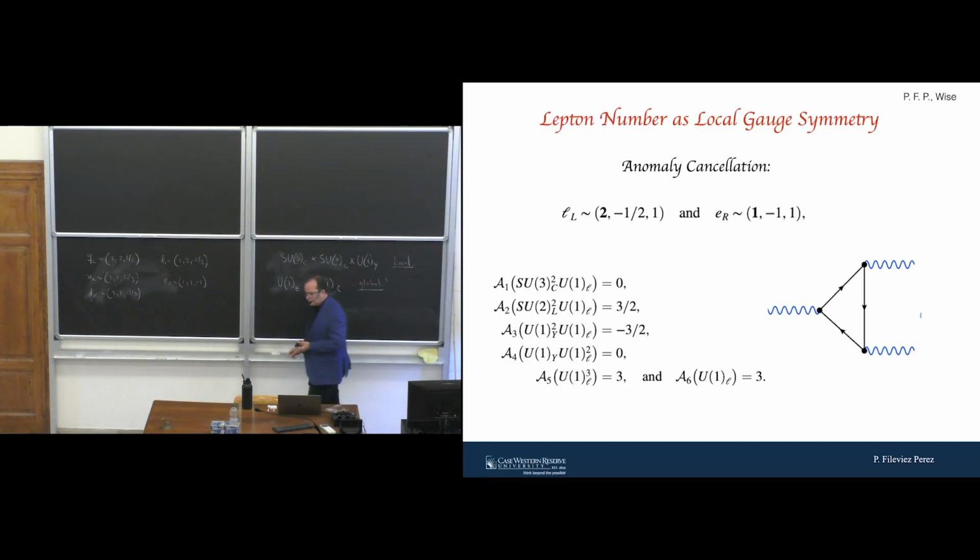Then, if you worry about neutrinos, you can ask the following question: can I write down a theory where this is not a global symmetry, but a local symmetry now, like the others? The motivation is very strong.